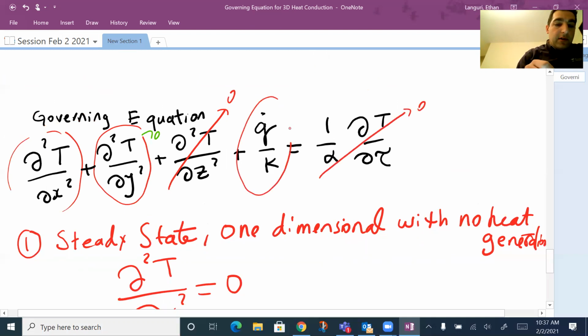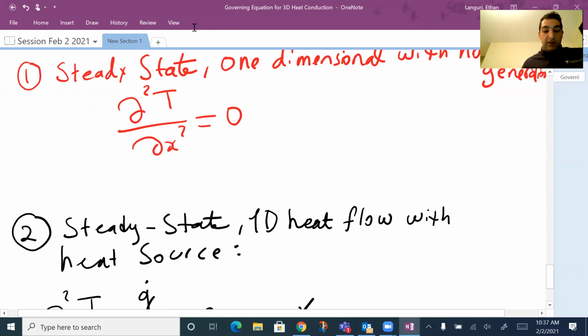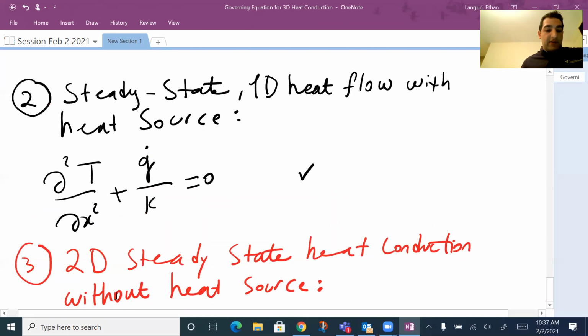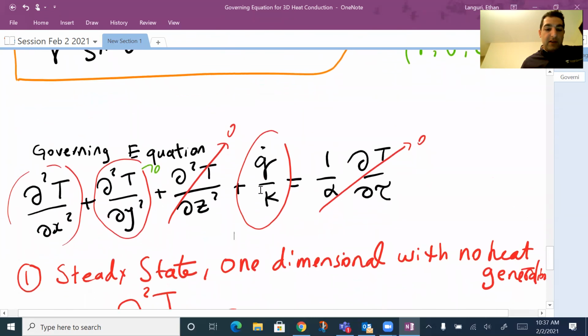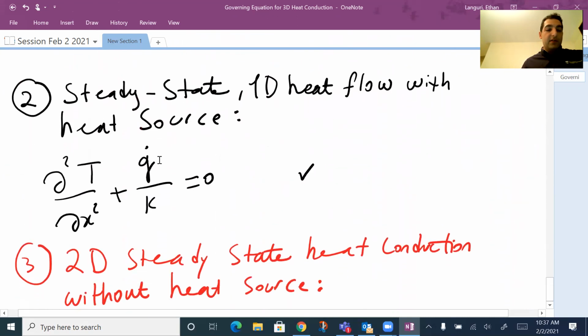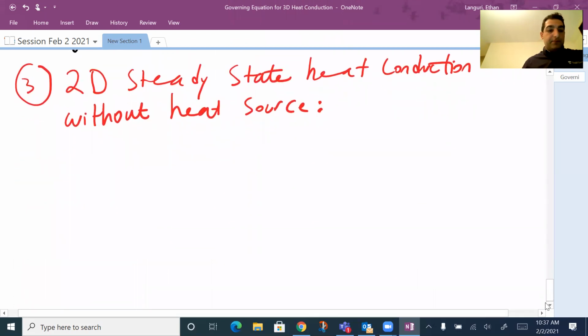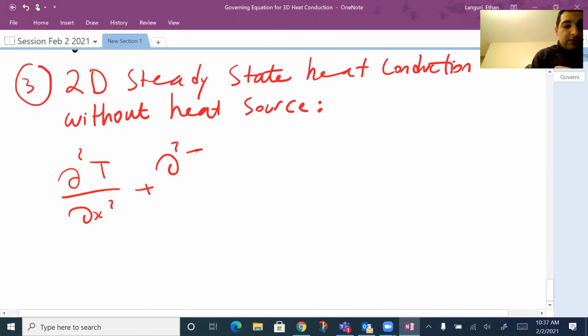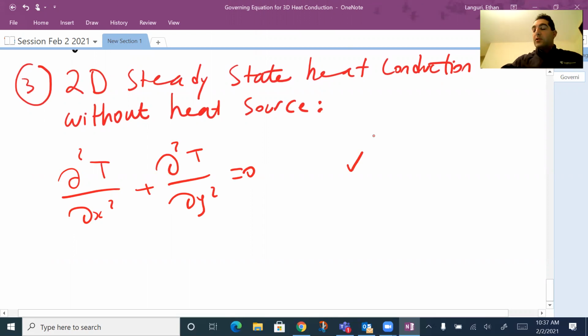Oh, sorry, it says without heat source. So Q dot is equal to 0, and this term drops as well. All I have is the first two terms. So my equation becomes del 2T del x2 plus del 2T del y2 equal to 0. That's my governing equation that I need to solve.